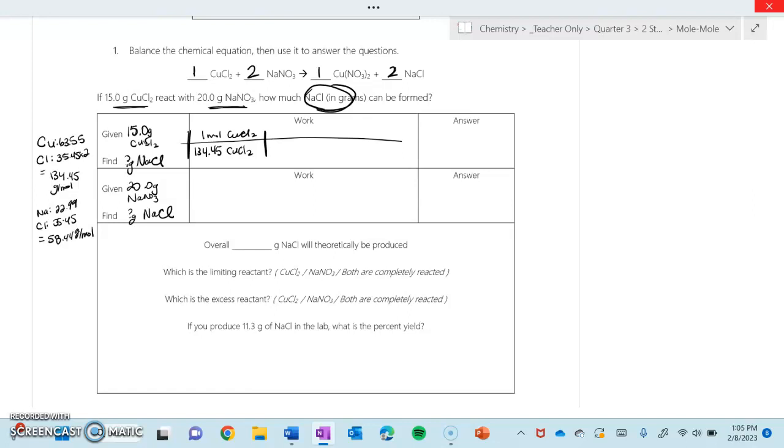Now we are ready to change the compound because we are in moles. We can't do that when we're in grams because that is not taking into account the ratios correctly given by the coefficients. That must be in moles. So our mole ratio, copper chloride, will be represented with a 1 because of its coefficient here.